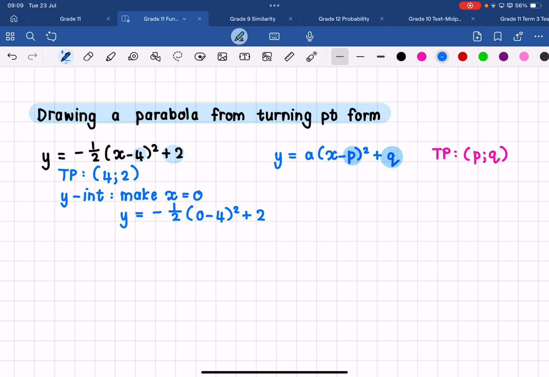But we are then squaring it, which is 16. What's negative a half times 16? Negative 8 plus 2 is negative 6. You can also just type that into the calculator. That's absolutely fine. So the y-intercept, guys, is the point 0, negative 6.